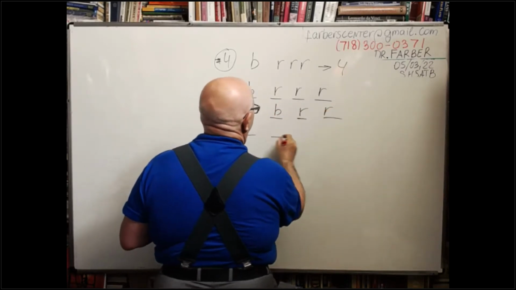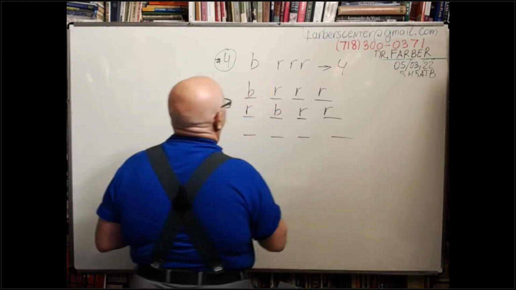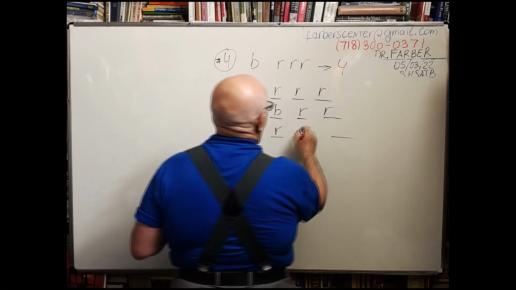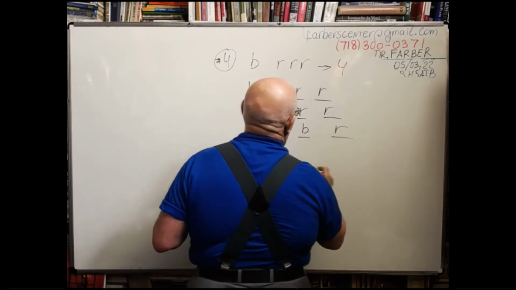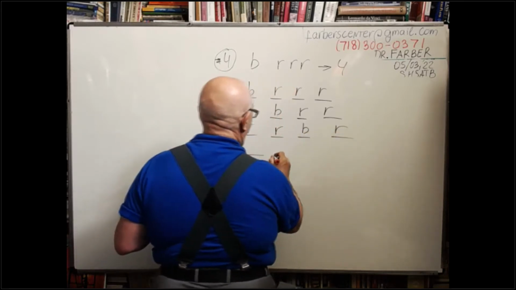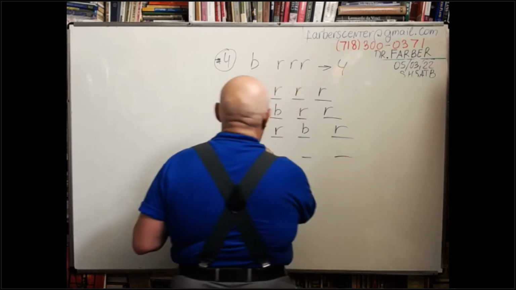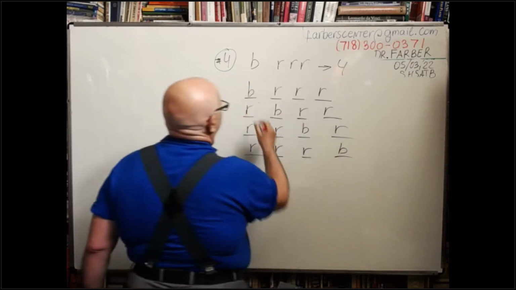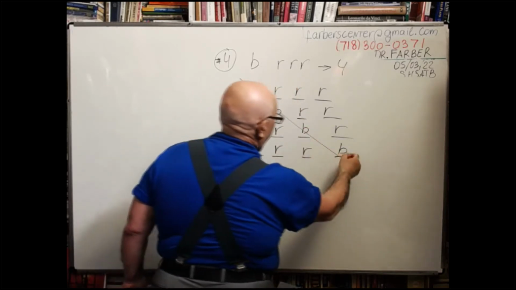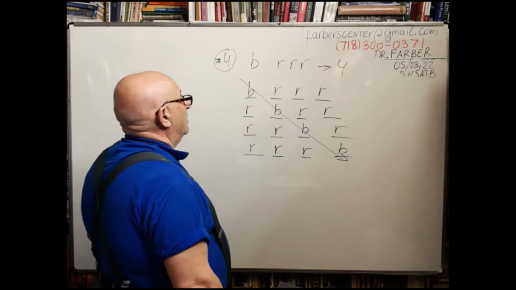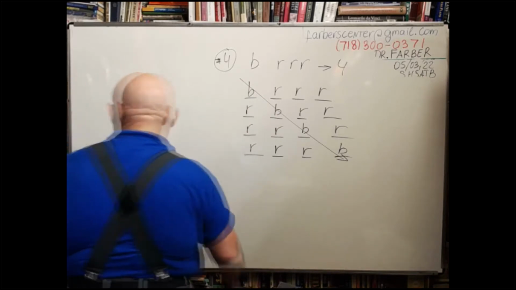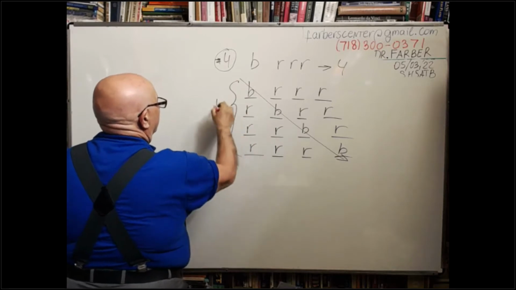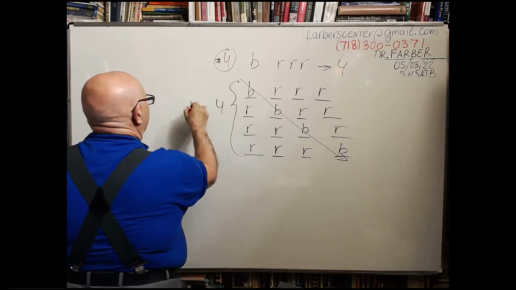Or we can have red, red, black, red. Or red, red, red, black. And you see the black is moving from this corner to this corner. If I count, they ask how many. We have 4 in total.